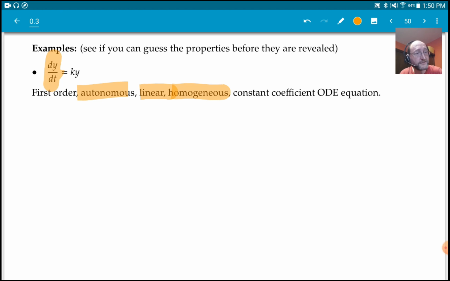If there's a constant, it would also be inhomogeneous. But there is no non-zero constant here, to be more precise. It's constant coefficient because there's only a 1 times dy dt, and then there's a k, and k is a constant. It's an ODE because there's only one independent variable. And it's an equation, not a system, because there's only one equation.